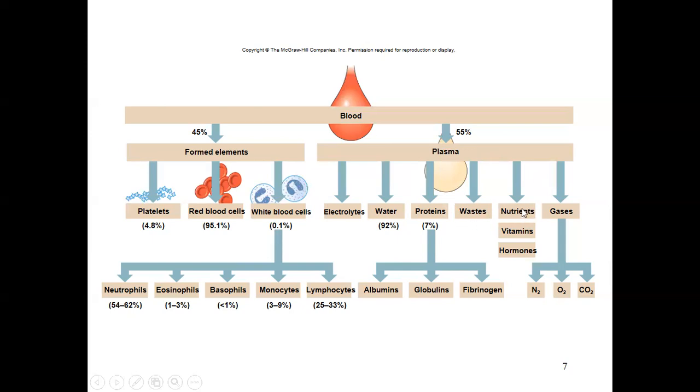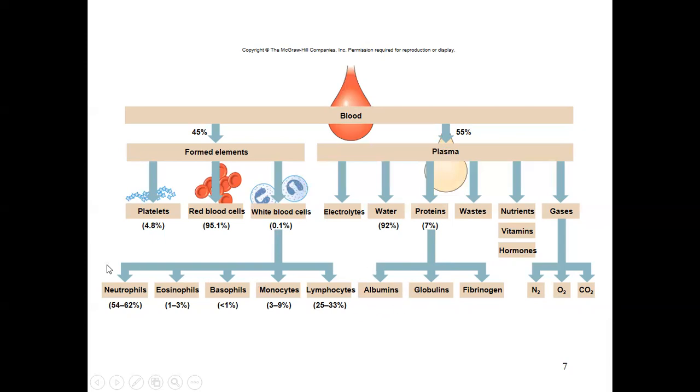You're going to have other nutrients, vitamins, and hormones. And then you'll have gases like your oxygen and carbon dioxide. And your proteins are broken down into these different types of proteins, which have completely different functions. Fibrinogen has function in blood clotting. Globulins have function in your immune system. And albumin is a necessary protein that's used for a lot of other things in the body.